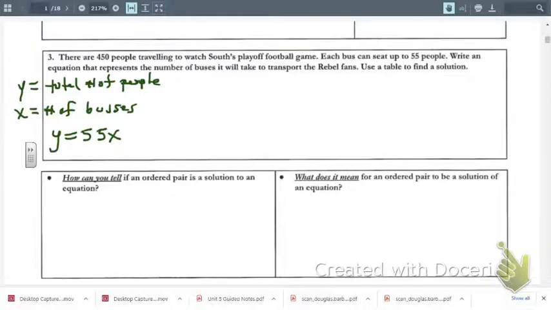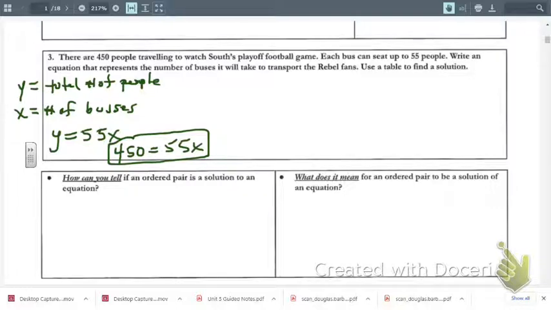So we're going to say 450 equals 55x. Okay, so there's your equation that models this problem. This equation, if we solve for x, it's going to tell you how many buses you're going to need to transport the fans.